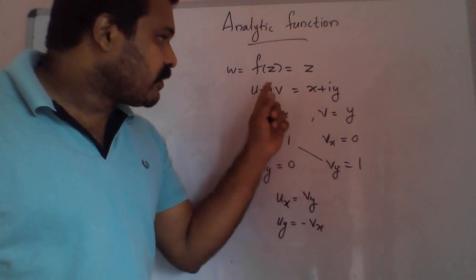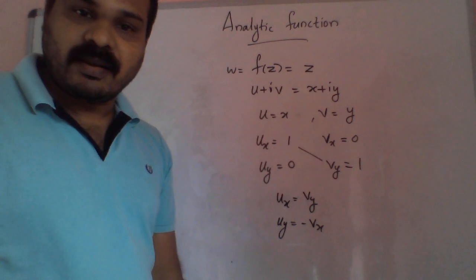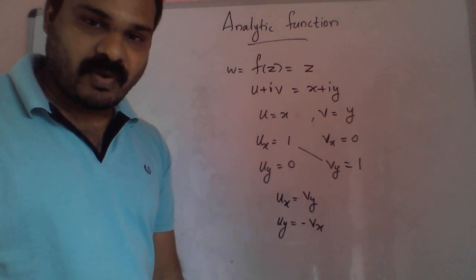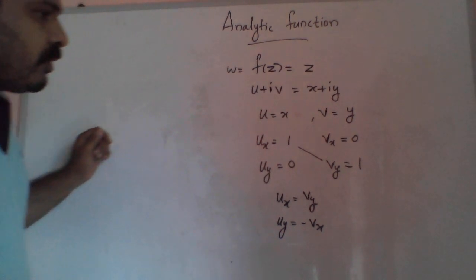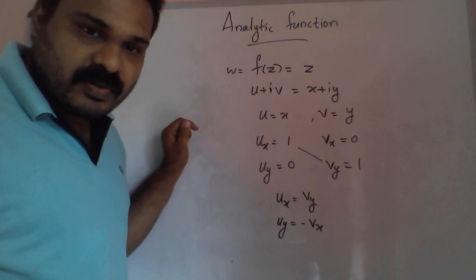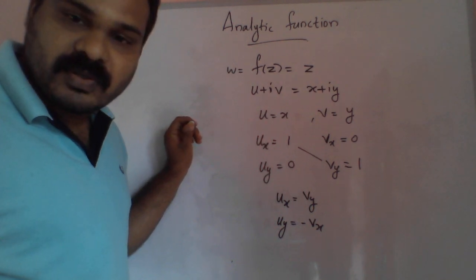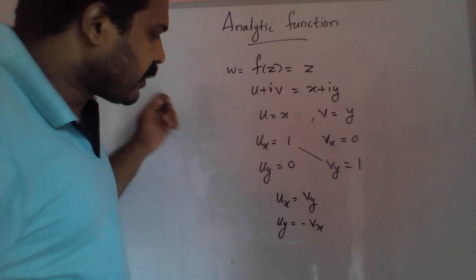Therefore this function f of z equal to z is an analytic function, since it satisfies the Cauchy-Riemann equations and all the partial derivatives are continuous. Now we take another example.